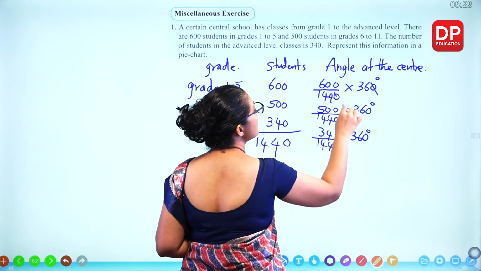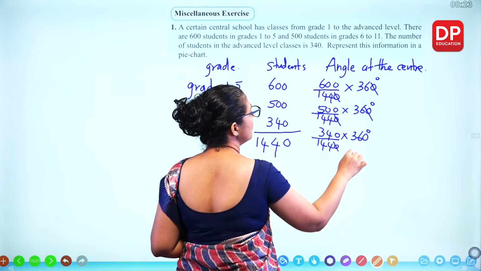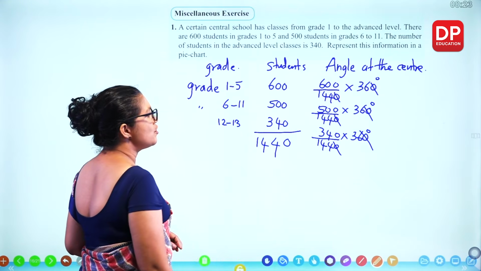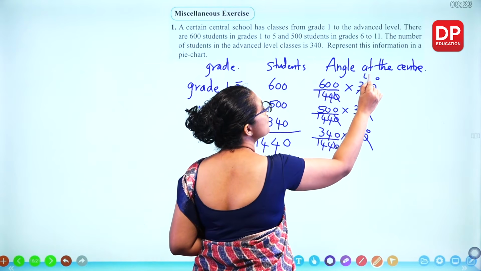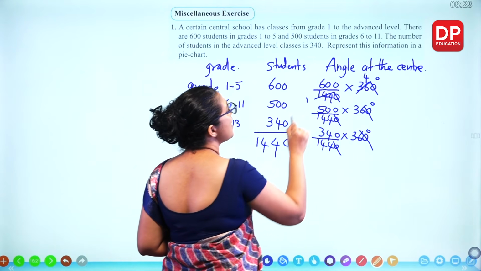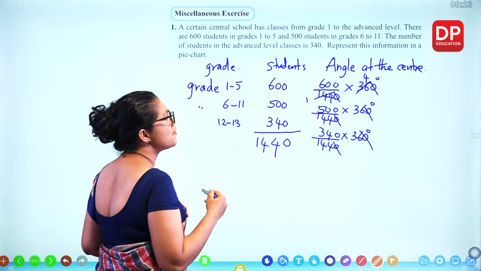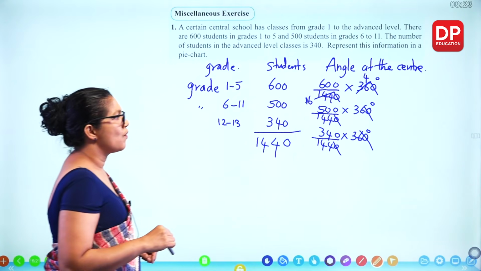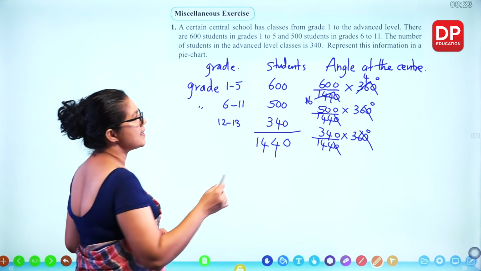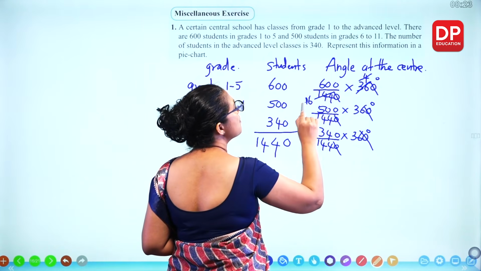The 0, 0 get cancelled out. When you divide by 9, 9 times 4, 9 times 1, 9, 5 remaining 54, 9 times 6, 54. Now we see this is divisible by 4.